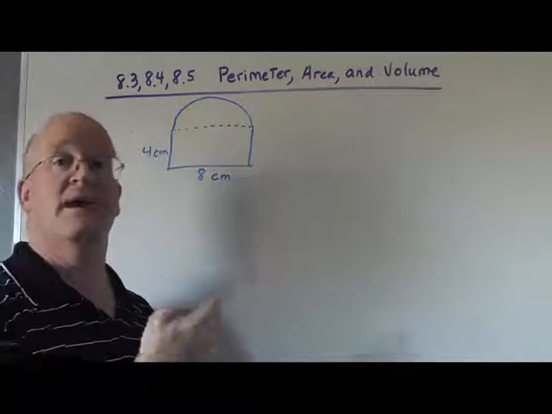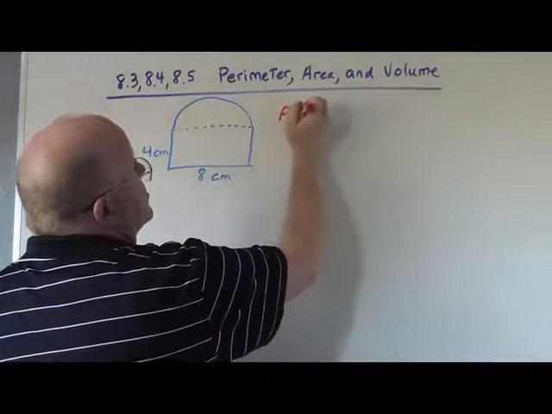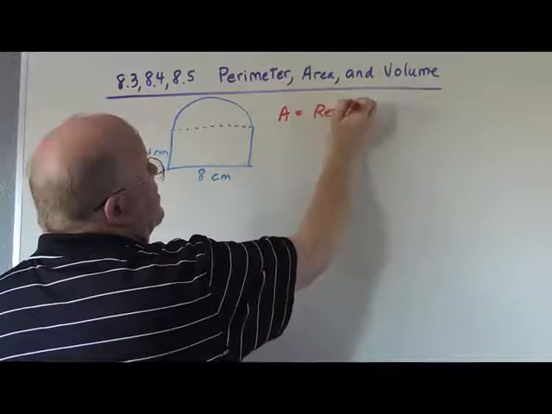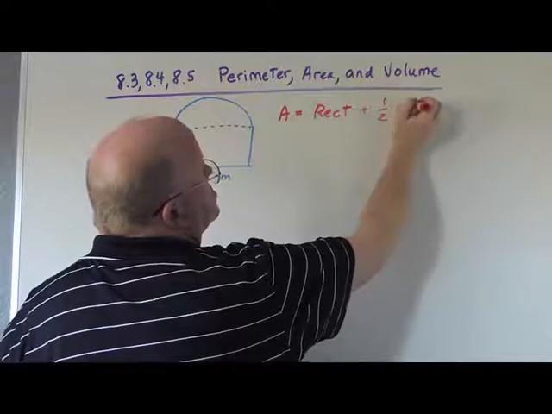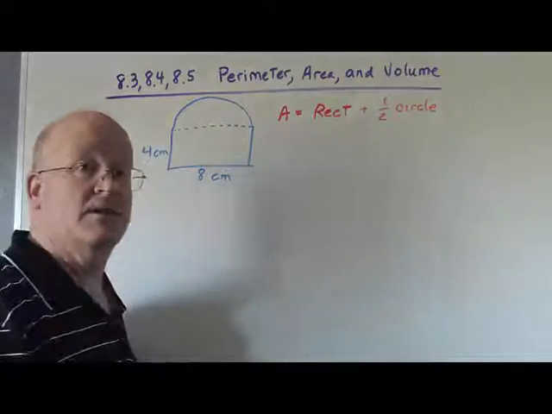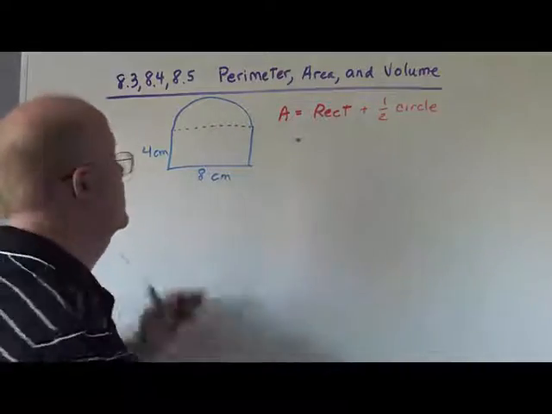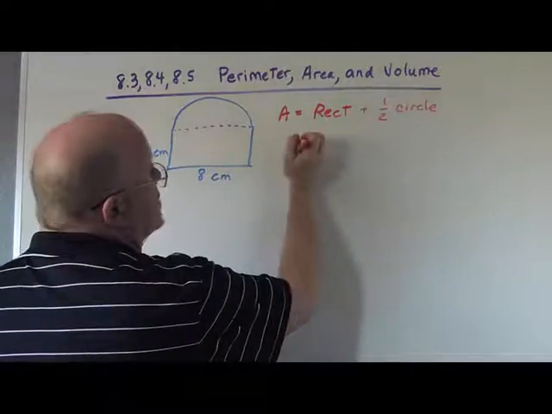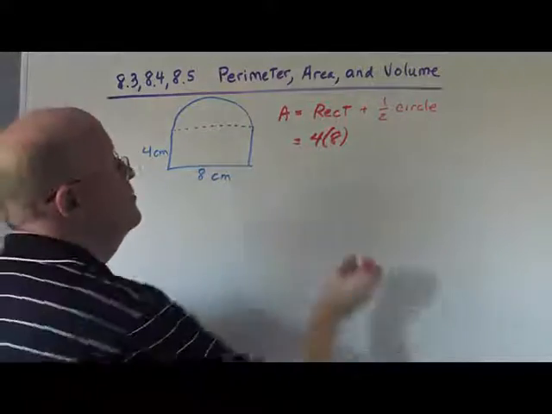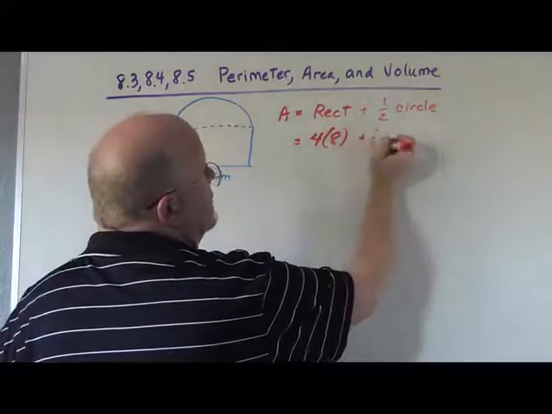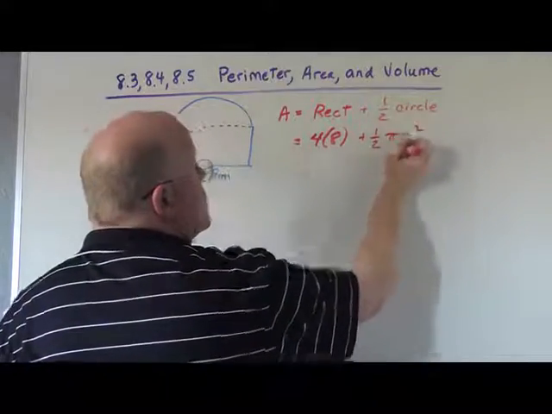Now let's find the area of this picture. Now the area is going to be a rectangle at the bottom plus half of a circle for the dome at the top. Now the area of a rectangle is length times width, so we're just going to have 4 times 8 for the area of the rectangle, plus 1/2 of the area of a circle, which is pi r squared.